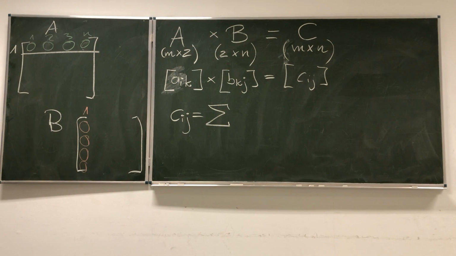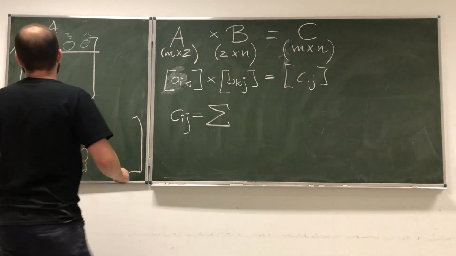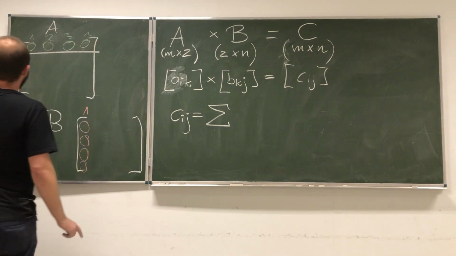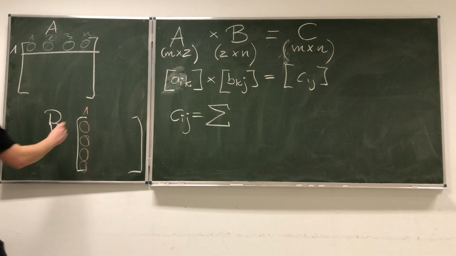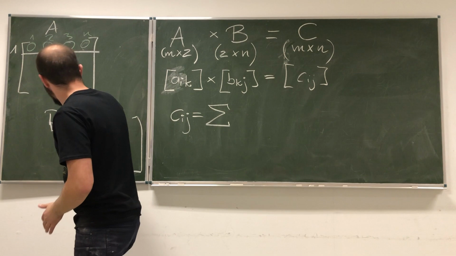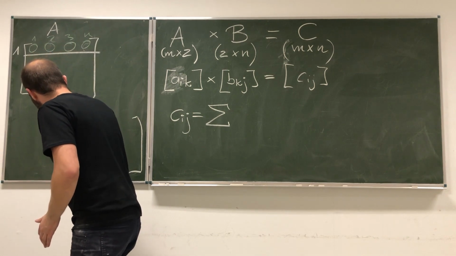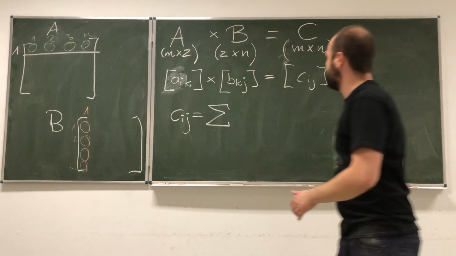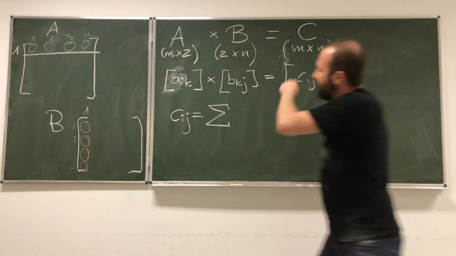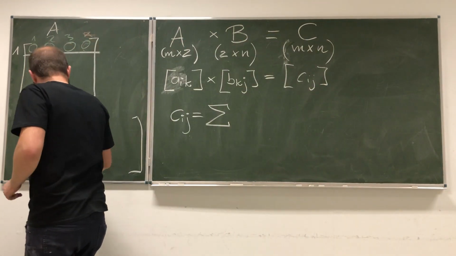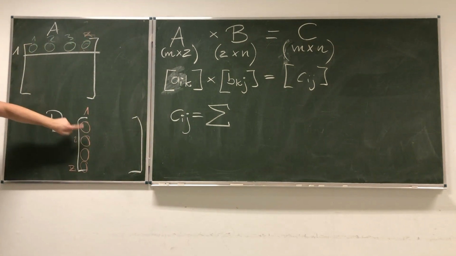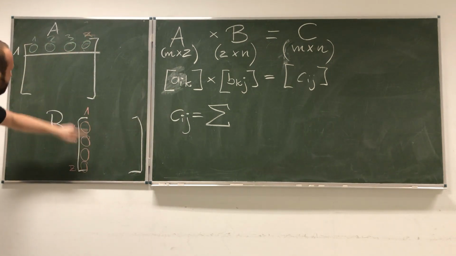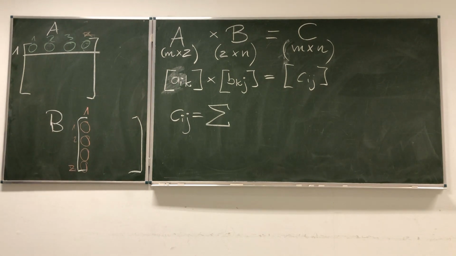So what is happening over here is that even though I'm choosing this row, I'm moving across columns. Over here, even though I'm choosing this column, I'm moving across rows. In this case, it should be z here and z. So now, if I multiply this by this, this by this, this by this, this by this.